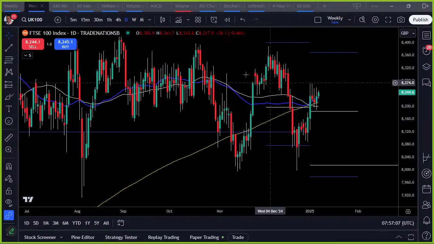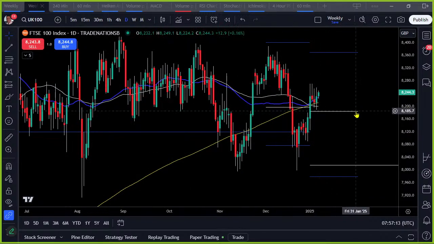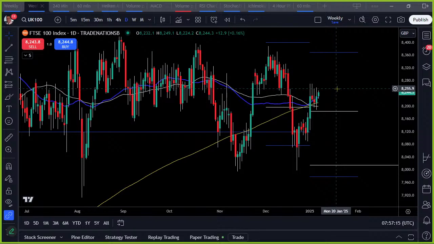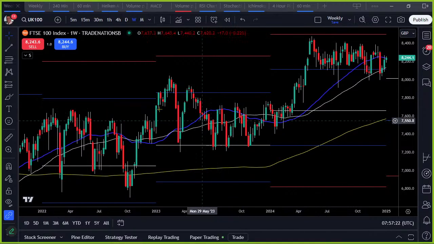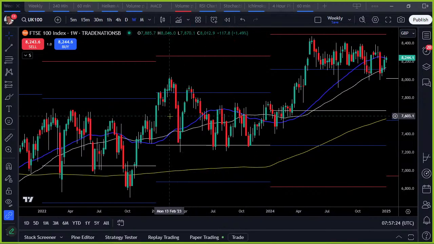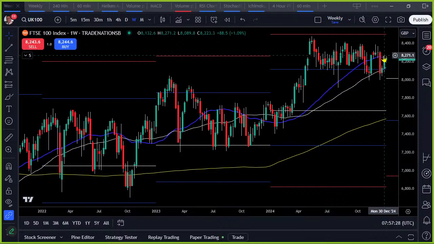So the FTSE is a mess as ever. I was reading something about the FTSE over the last day or two. I've said this recently, it's not really going anywhere, and we've had these sort of steps where for a whole year it's barely moving, it gets a bit of a surge and then barely goes anywhere.